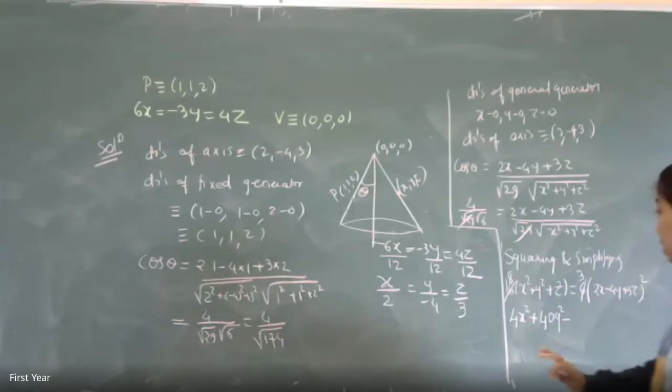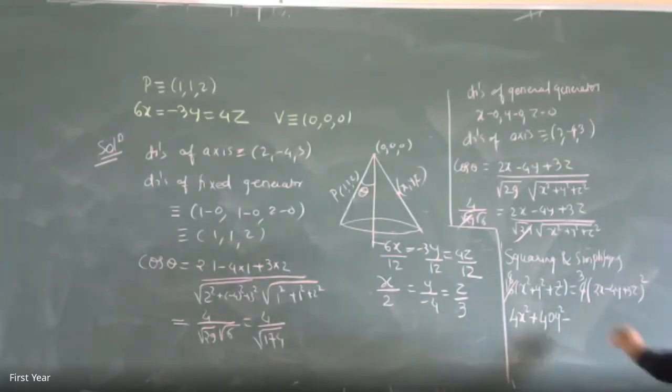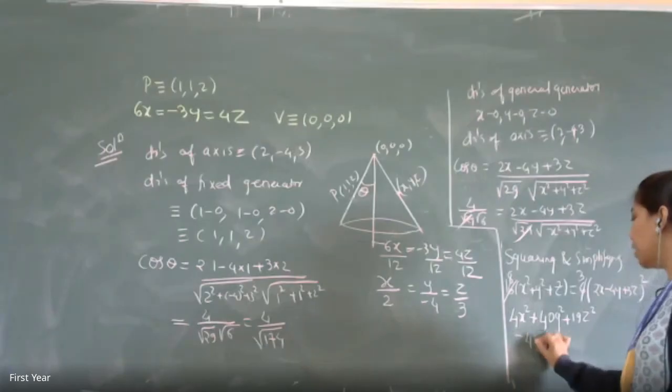Plus minus 40y square, plus 19z square, minus 48xy, plus 24xz, minus 72yz.